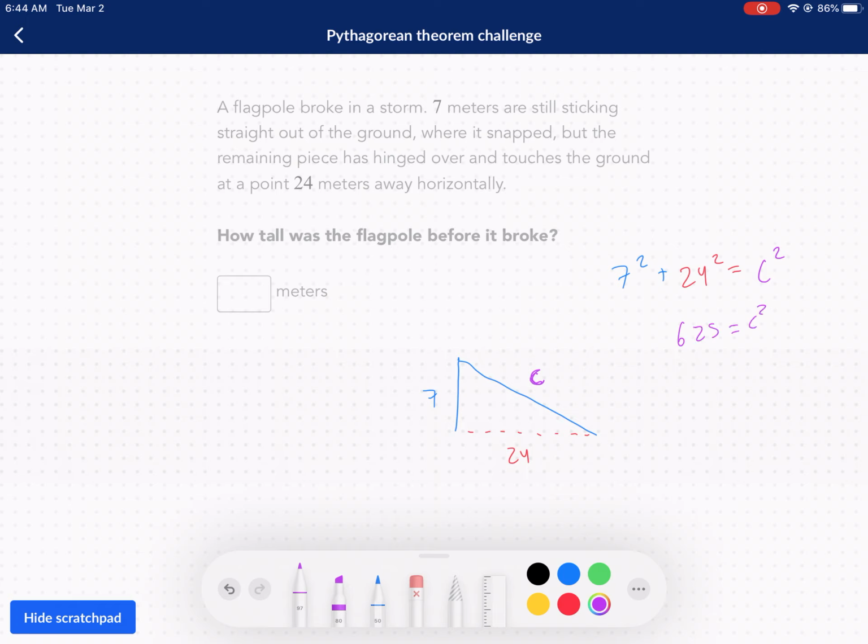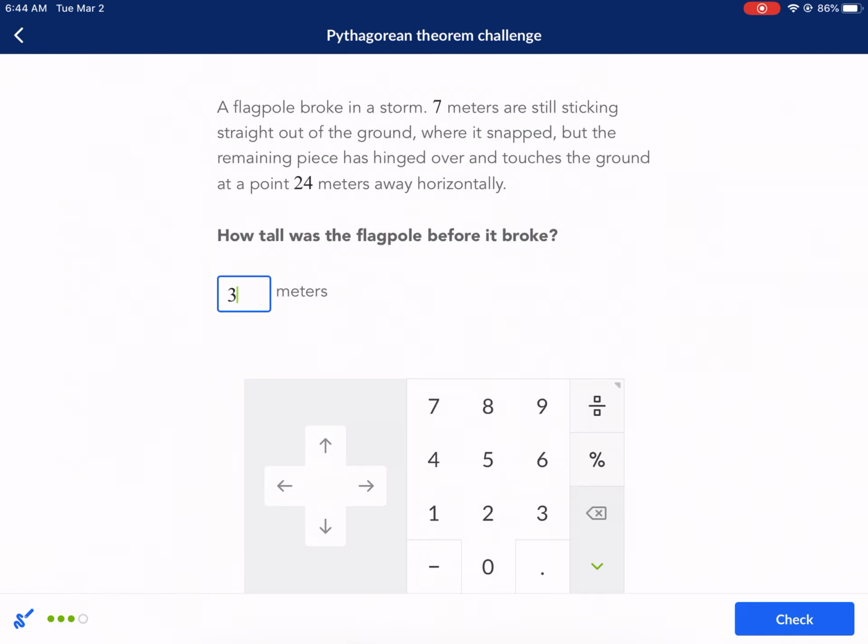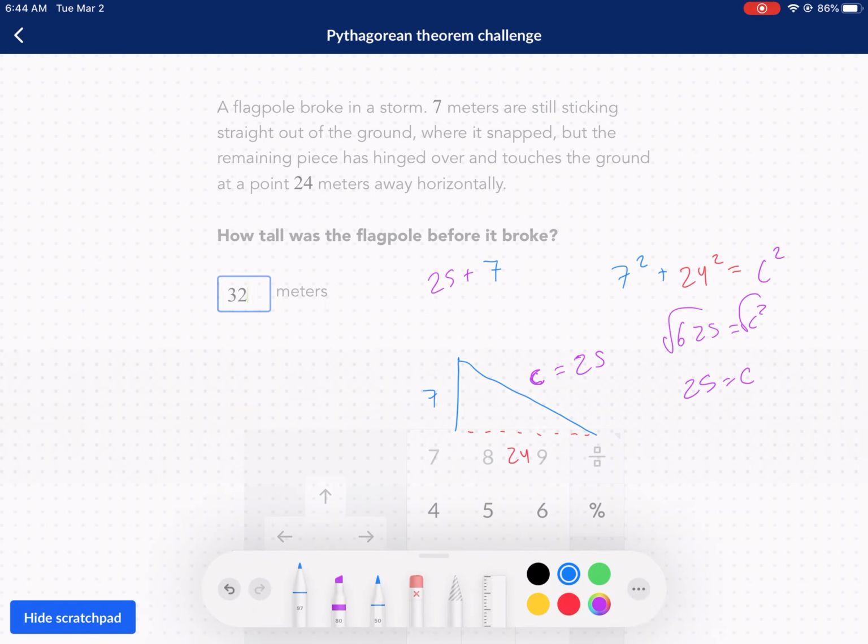And we just take the square root of that. Now, don't put this as your answer. This is 25 equals C. But we have to do 25 plus the 7 for the total height of the flagpole. So what is that, 32? 32 meters. That's the total length of the flagpole once you straighten it out like that.